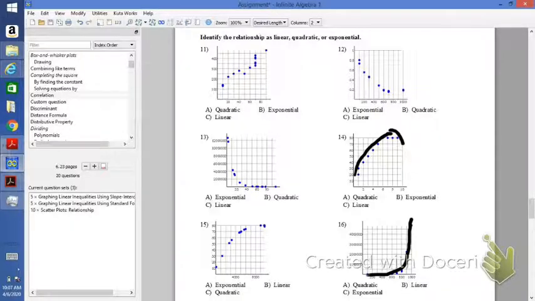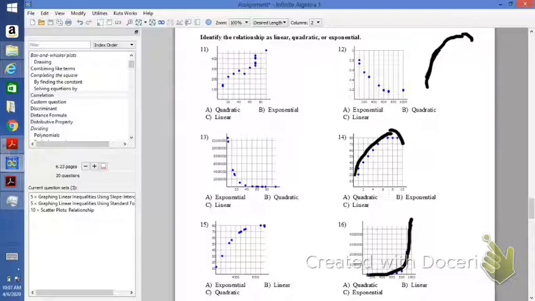So for 11 through 20 you have to identify, again, is it linear, quadratic, or exponential? Linear, straight line. Quadratic, it's going to be U-shaped, or it may increase, plateau, and work back down.